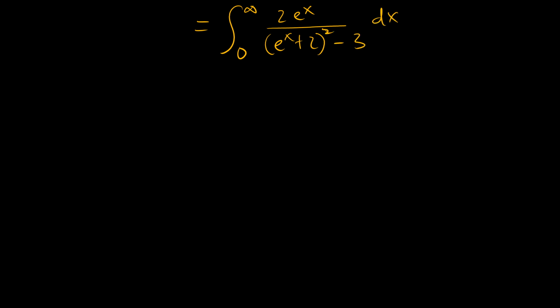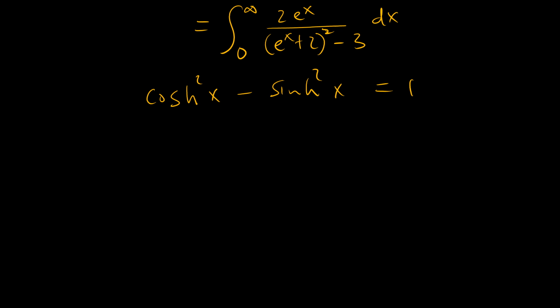So our problem now becomes the integral from x equals 0 to x tending to infinity of 2 times e to the power x over (e to the power x plus 2) squared, negative 4 plus 1, which leaves us with negative 3, right? So it's very important to know, I usually don't like using hyperbolic functions, but this is one thing we need to know.